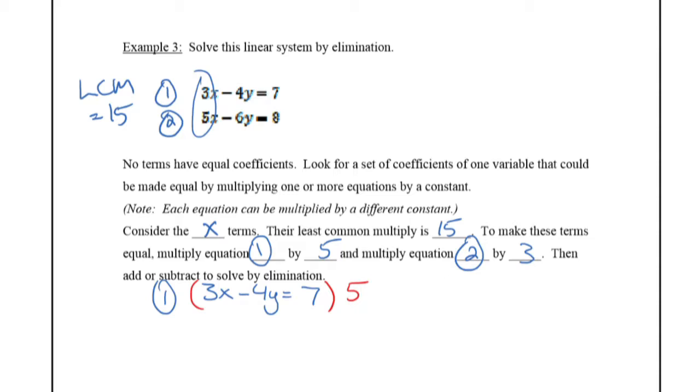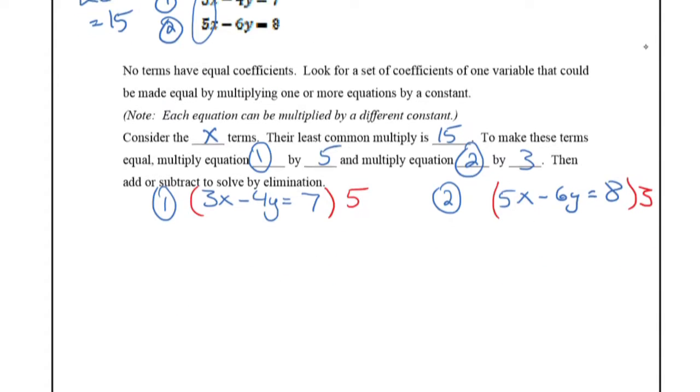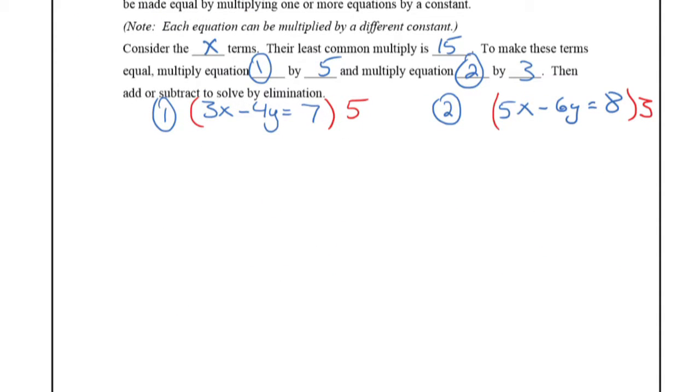I need to make my x term 15, so I'm going to multiply everything by 5. And then I'm going to do the same thing with equation 2, which was 5x minus 6y is 8. I'm going to multiply everything in this equation by 3. And that'll make my x term 15. Once my x coefficients are the same, I can go ahead and add or subtract.